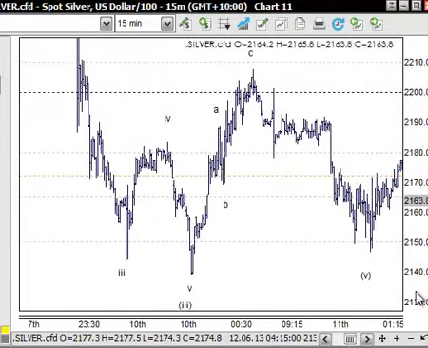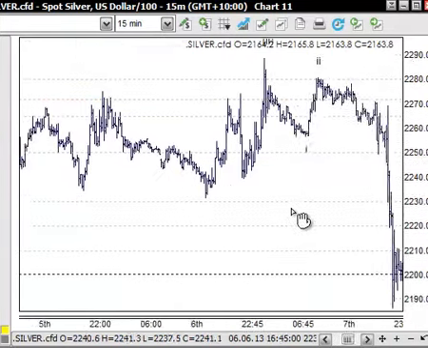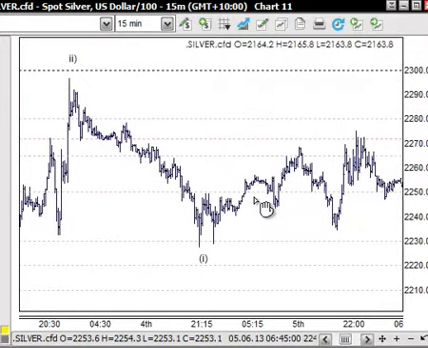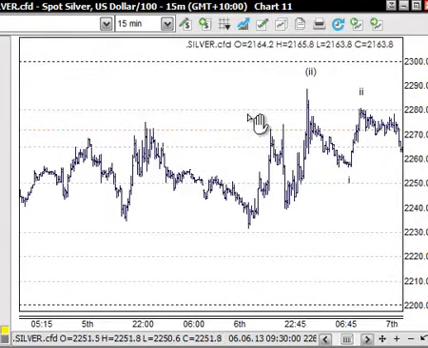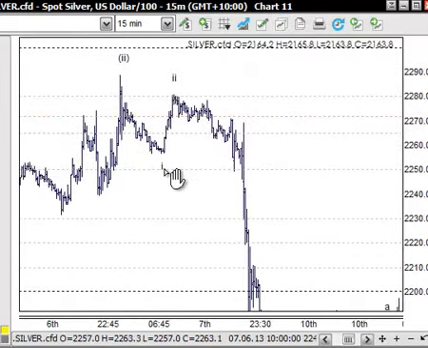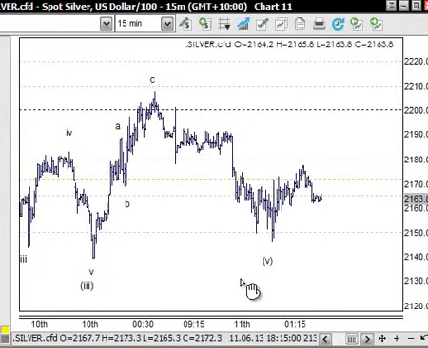Where are we? Silver's got more of a bearish pattern, because just taking it from the 2300 up here, I have to pull this as down as wave 1 here and wave 2 to here, and then we start looking at wave 1, wave 2, and wave 3, wave 4, and wave 5 here.